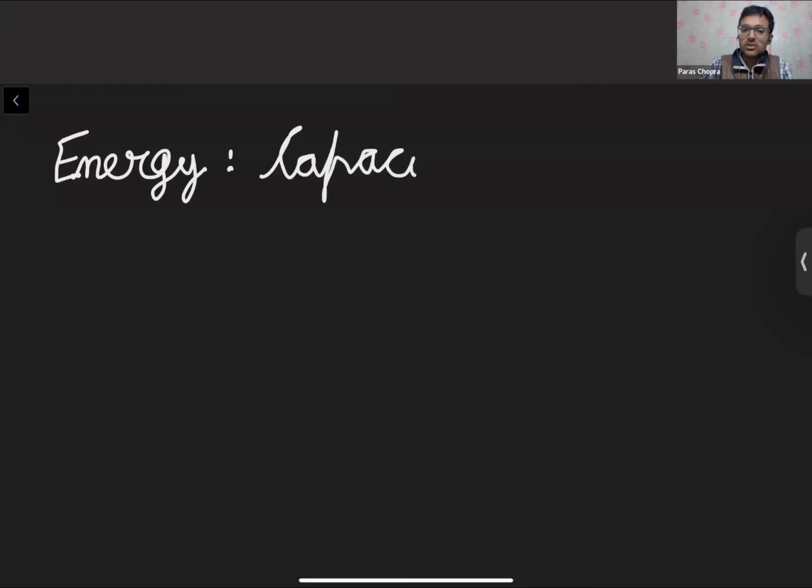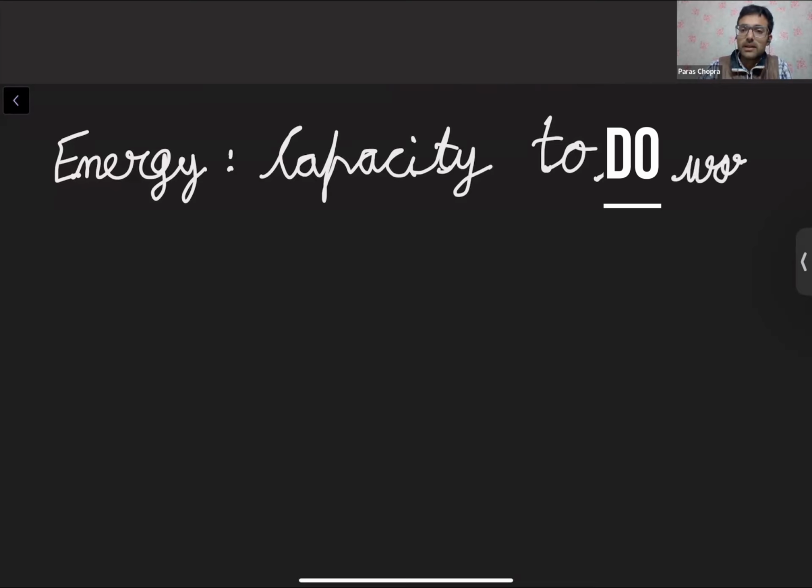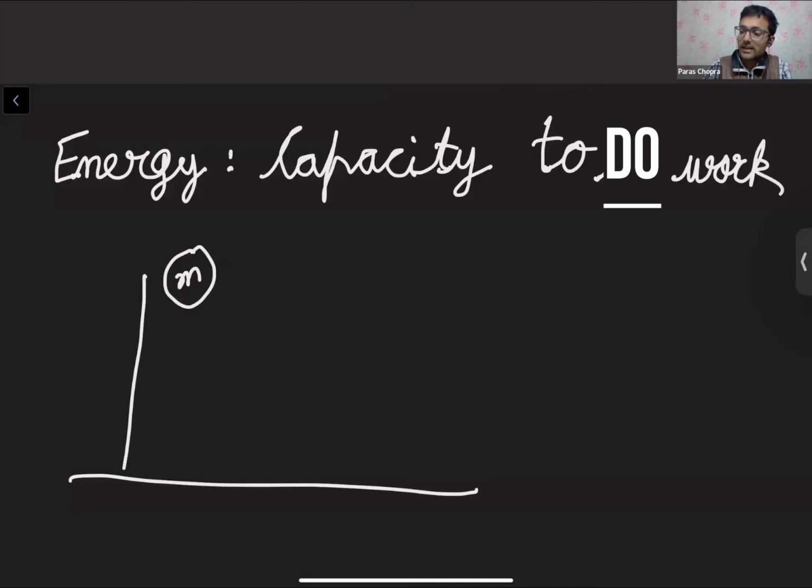So if someone asks you whether energy is the same as work, the answer will be no. The relationship between energy and work is that energy is the capacity to do work. So if you have a greater amount of energy stored within a system, that means the system has a greater capacity to do work. For example, if this is the ground and a ball of mass m is present at a height capital H, whereas another ball of mass m is present at a smaller height h.